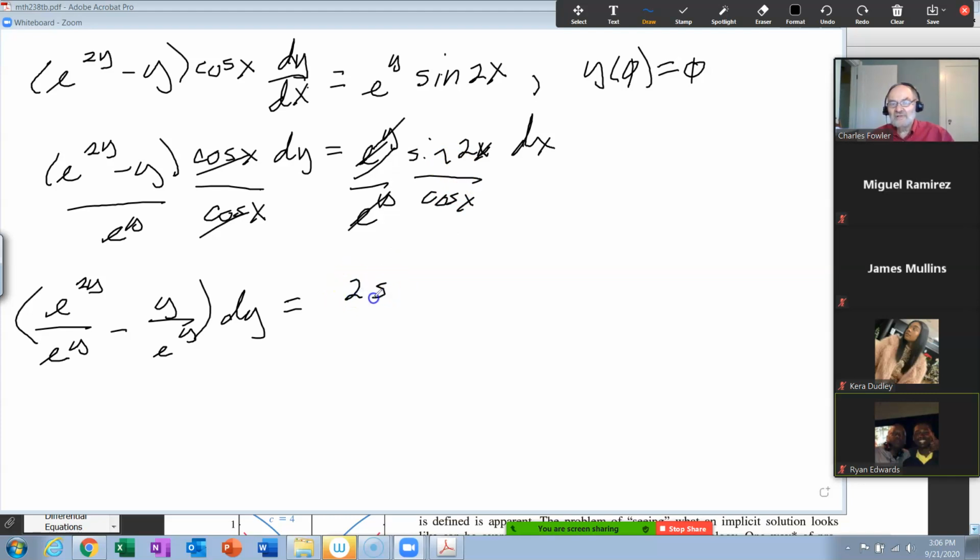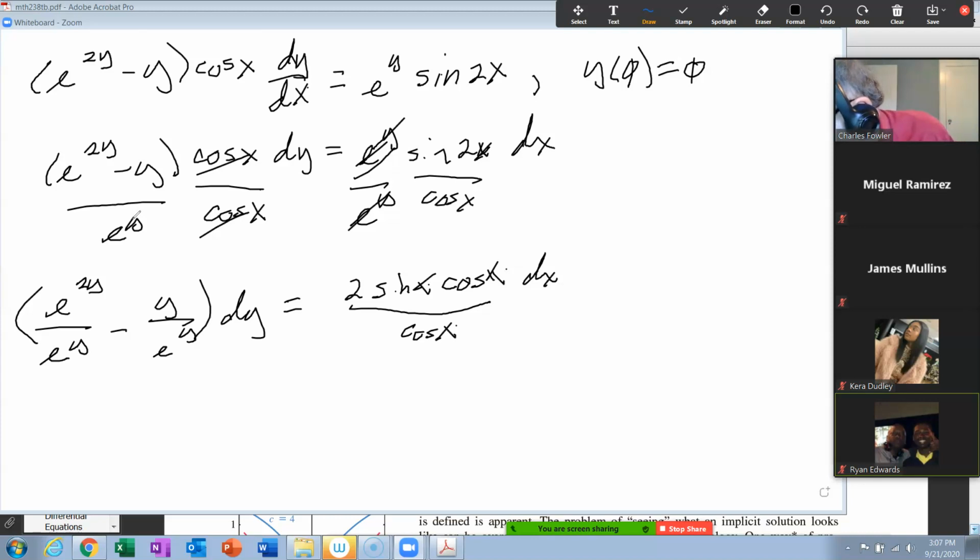This is 2 sine x cosine x dx over cosine x. All right, now here, sorry, this is not getting any better. It feels like it's getting worse.